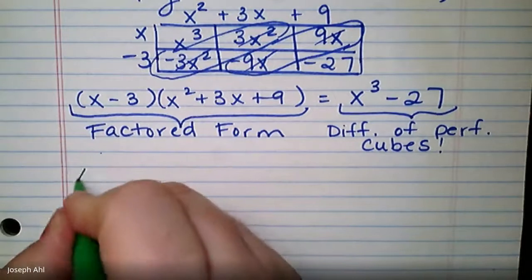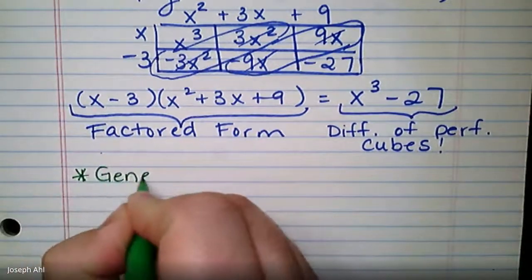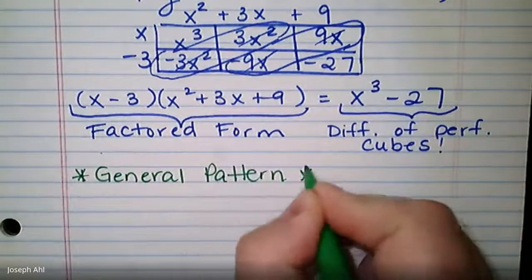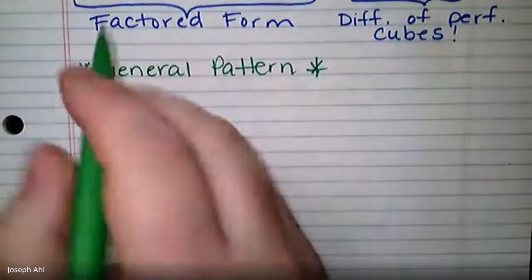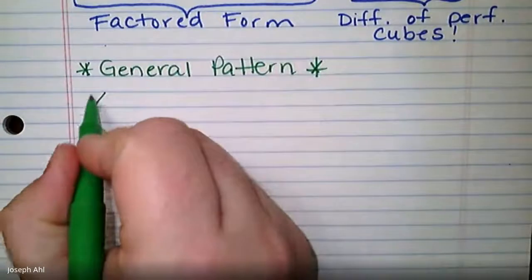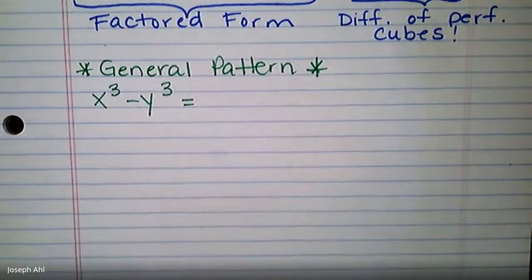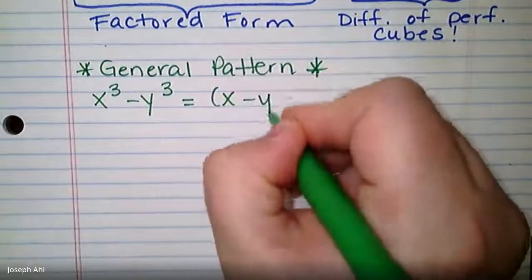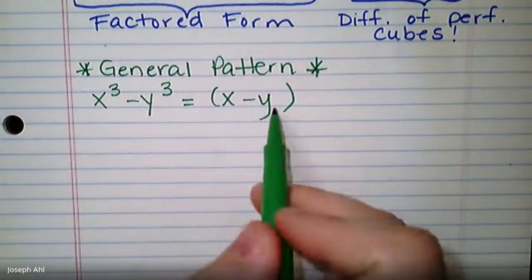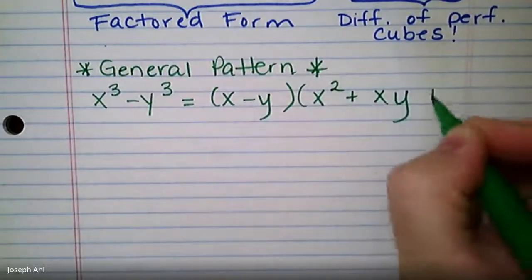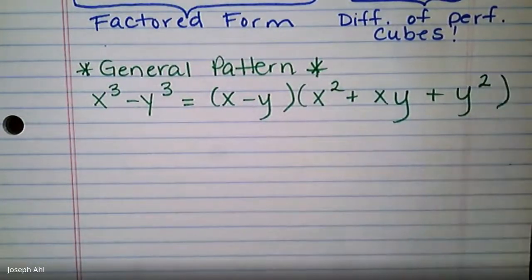Okay, so the general pattern is the following. We've got x to the third minus y to the third, and that would equal x minus y, so it's going to be that binomial first, times x squared plus xy plus y squared.